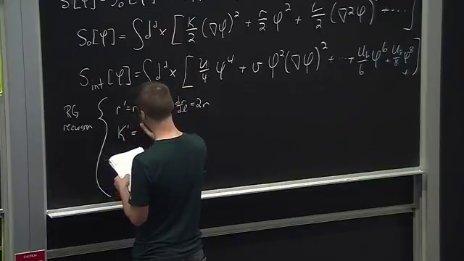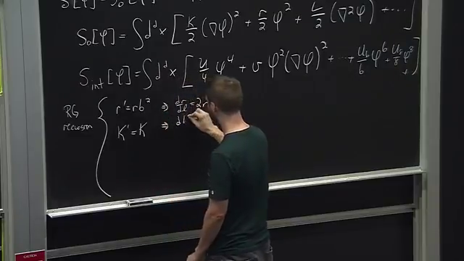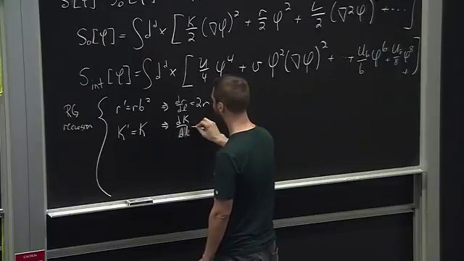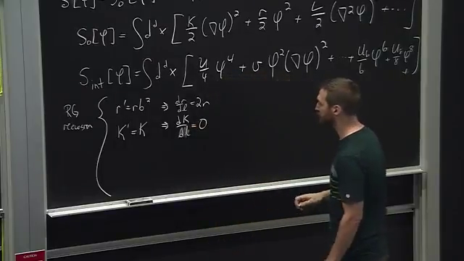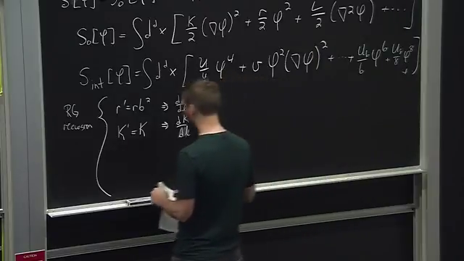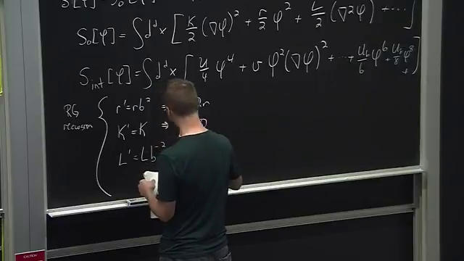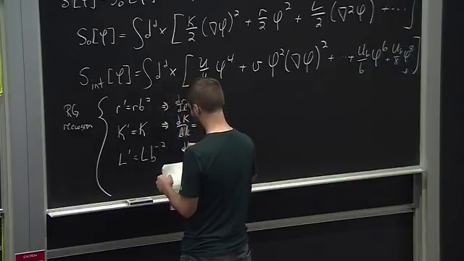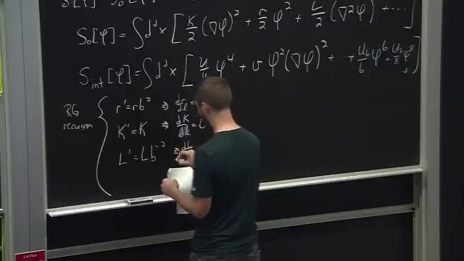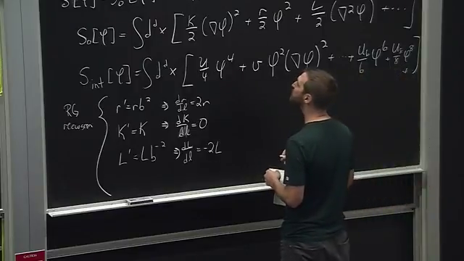K prime always scales like that. This higher order Gaussian term, you find goes like this. That's the Gaussian pieces, and then the interacting pieces.